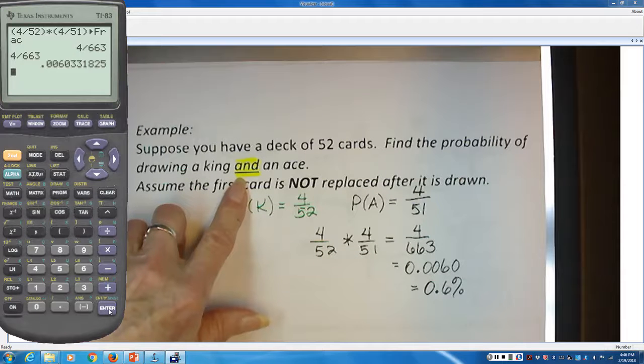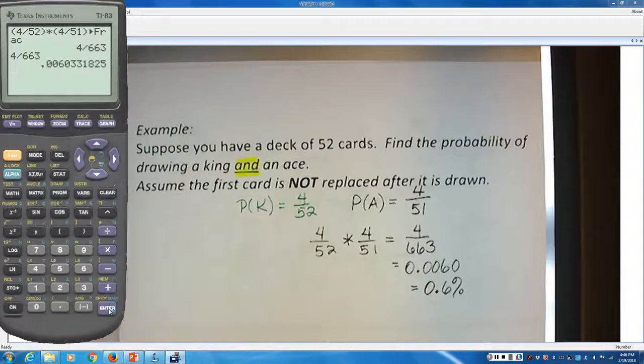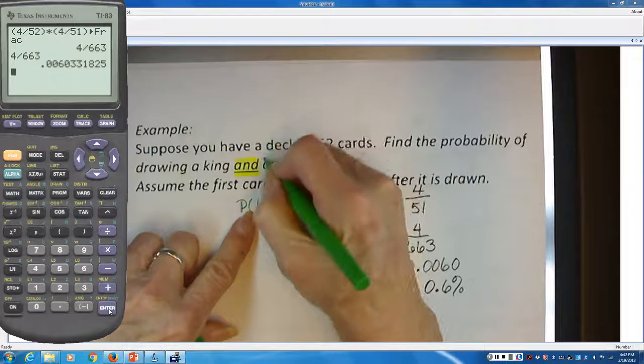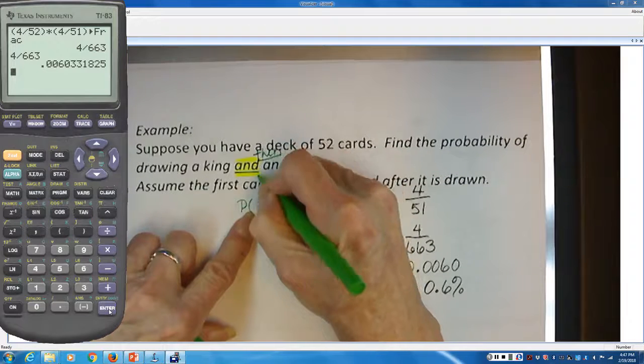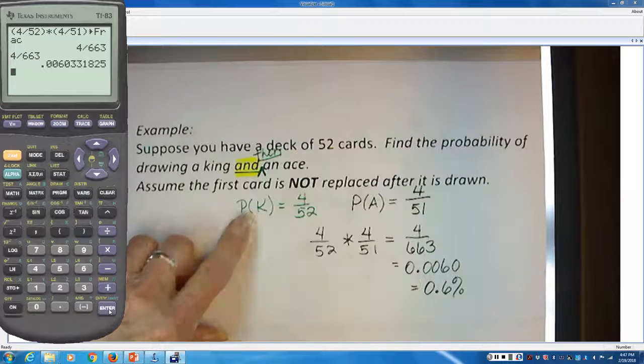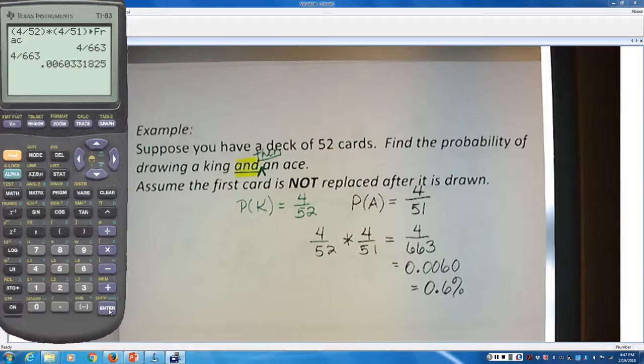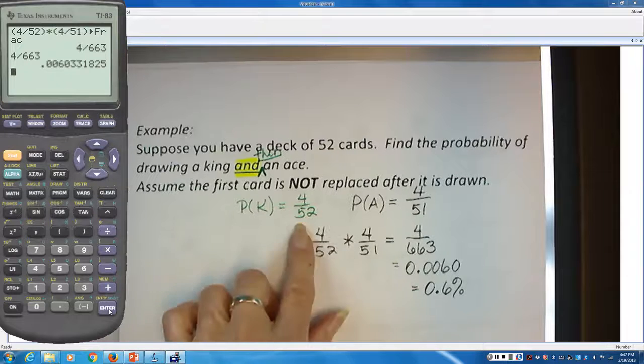That word can be misleading, and normally if I write this, my question will be worded this way. Because a king and an ace could have occurred two different ways. I could have got an ace first and then drawn the king. The probabilities would have been the same.